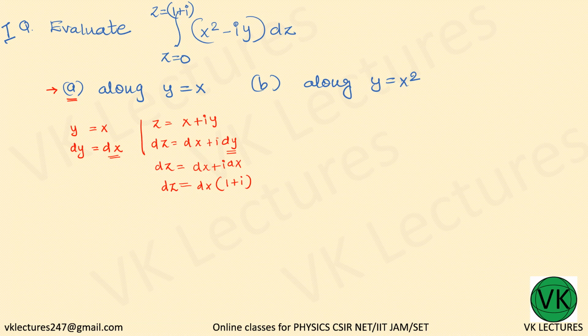Now we need z equal to 0 to z equal to 1 plus i. We are writing it in terms of x, so z starts from 0 to 1 plus i. Here the x value is 0, here the x value is 1. So when z changes from 0 to 1 plus i, the value of x changes from 0 to 1.